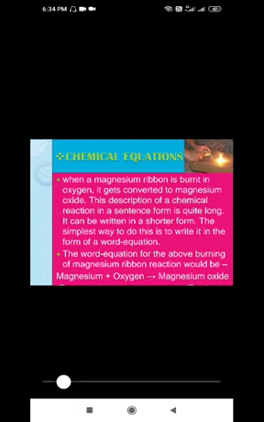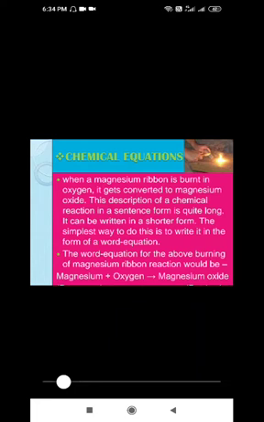As I've just said, what is a chemical equation? The chemical equations are the symbolic representation of chemical reactions. See, when a magnesium ribbon is burned in oxygen, it gets converted to magnesium oxide. This description of the chemical reaction in sentence form is quite long. It can be written in a shorter form.